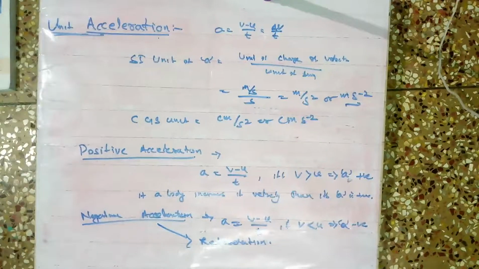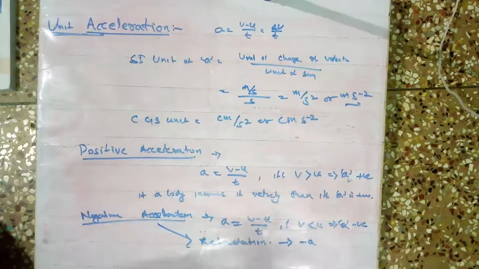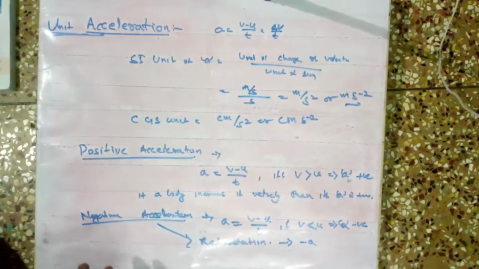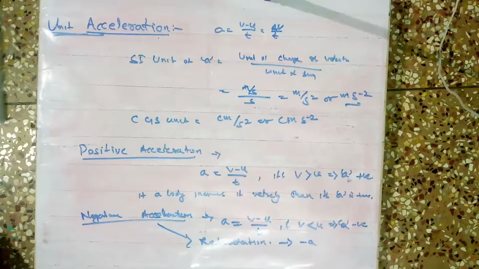Either you say retardation or you say negative acceleration, the meaning is the same, and it is denoted by minus a. Clear? Understood? Okay. And acceleration is a scalar quantity. Sorry, mistake. Acceleration is a vector quantity. Yes or no? It also has direction. Acceleration is a vector quantity, as you know from earlier classes. Clear? Okay.